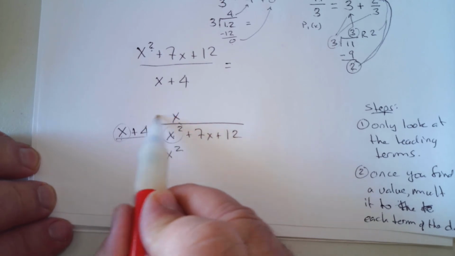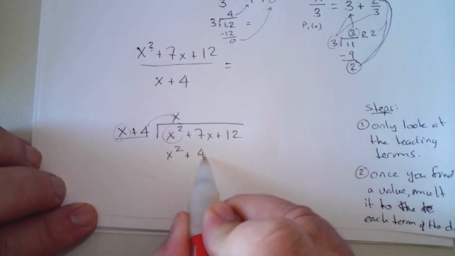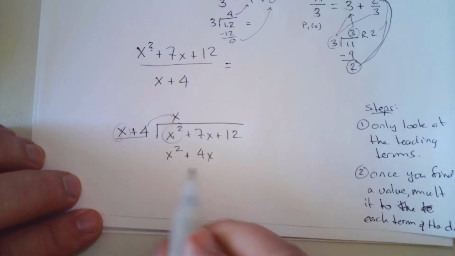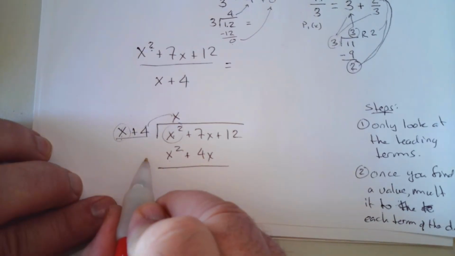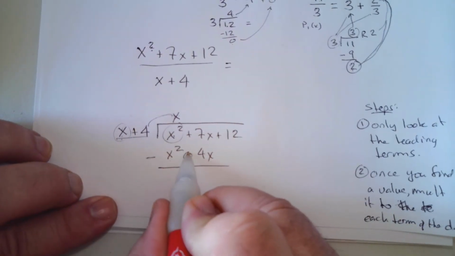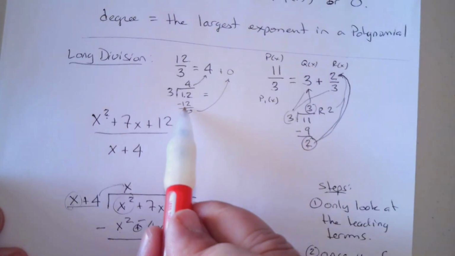So now we reverse. X times x is x squared. X times 4 is 4x. Change the sign, because you're subtracting, so you have to change the signs. That's what we did up here.